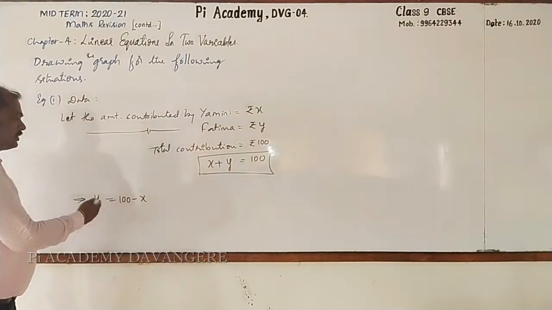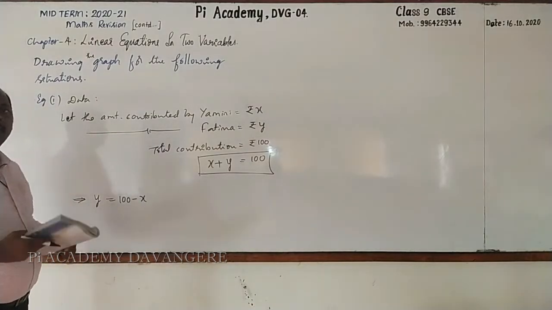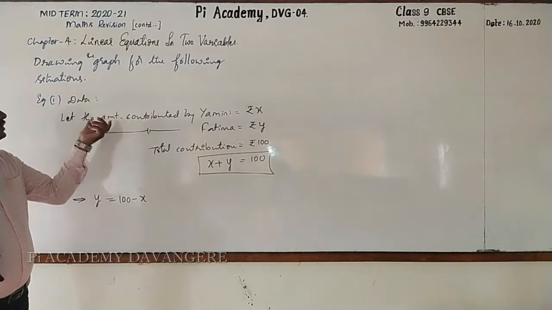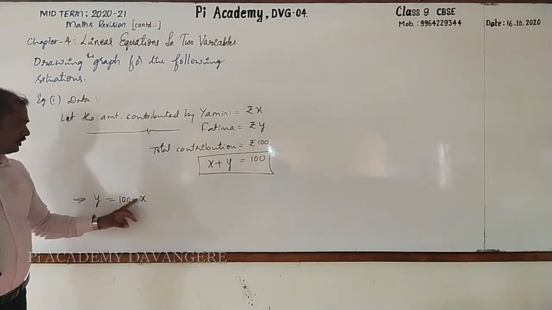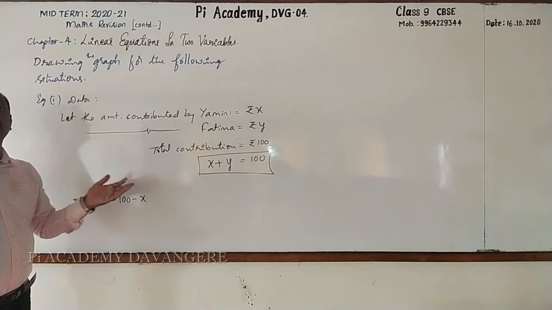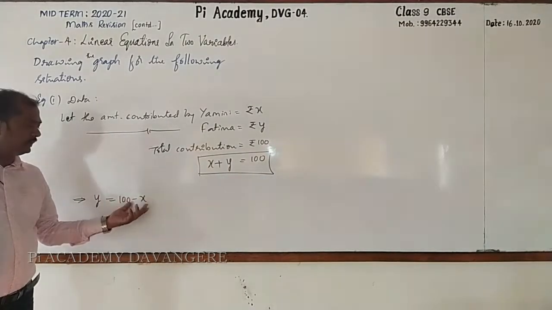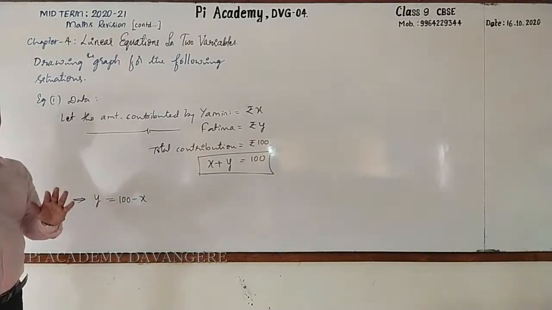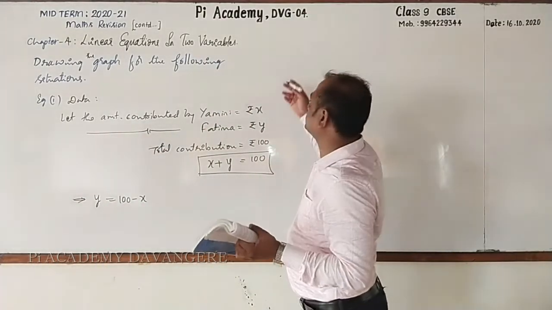Then choose some values for X and find out Y. But here, as they have given the situation related to amount contributed, no need to go for taking 1, minus 1, 0 and so on. Take 10 rupees or 20 rupees, 30 rupees, 40 rupees, 50 rupees like this. Got it? Okay. Next, let's go for another situation.